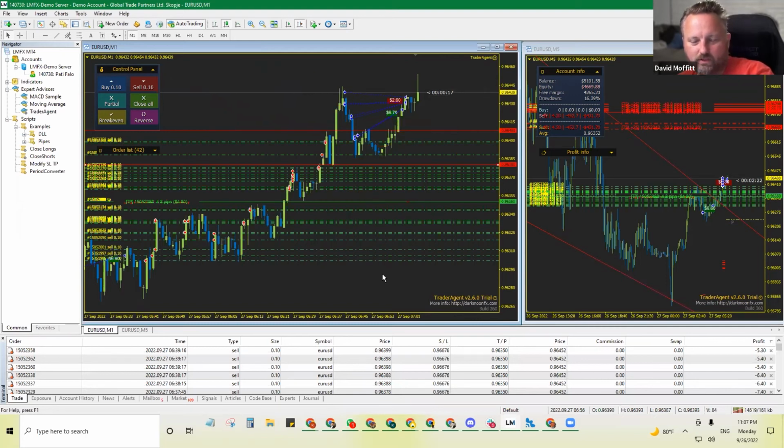But that's what I'd be looking to build into right now: as it comes down, start throwing some buys on. No, do not throw buys on here. This is where I'd start throwing buys on, when it crosses that. Okay. Does that make sense of how we're trying to set it up for tonight?